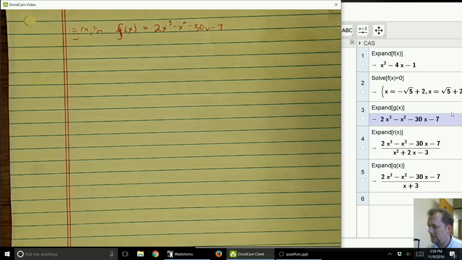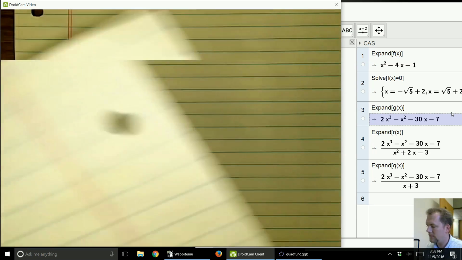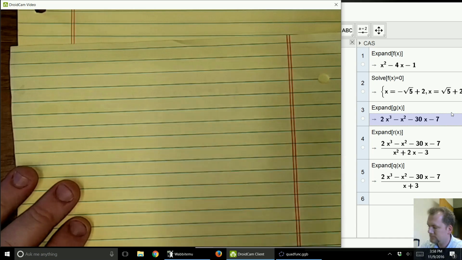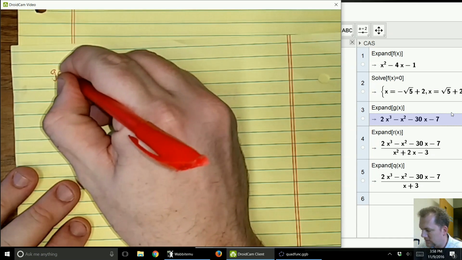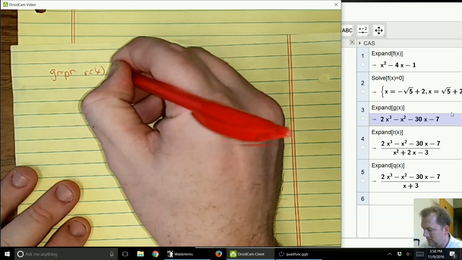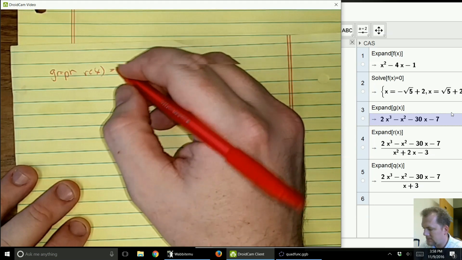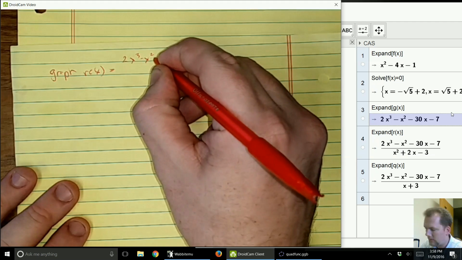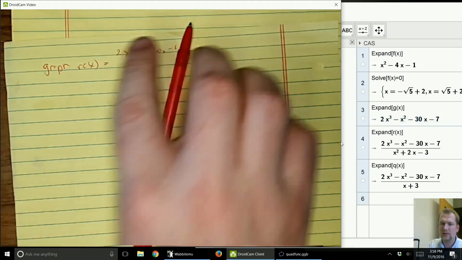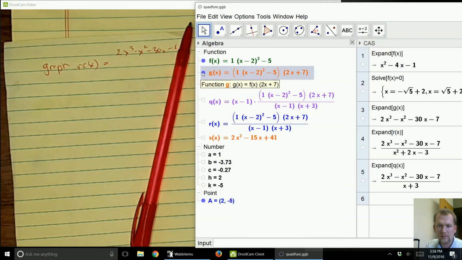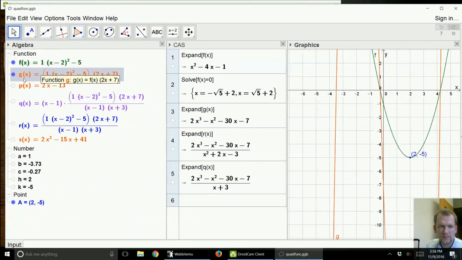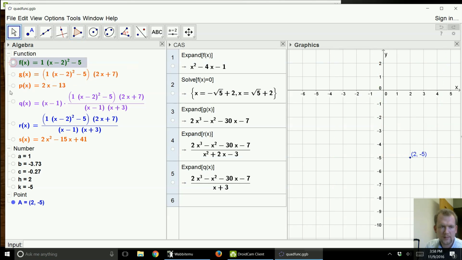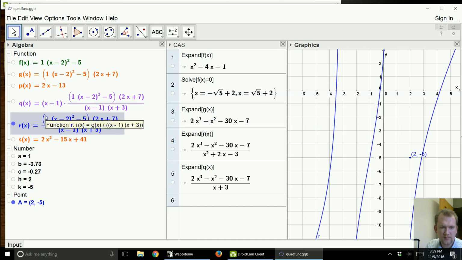And then when I'm doing a rational function, I'll graph r of x is that same function, 2x cubed minus x squared minus 30x minus 7. Get rid of that and that. I'm going to make a rational function whose definition is g over a couple of zeros.